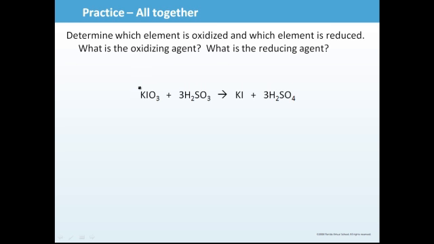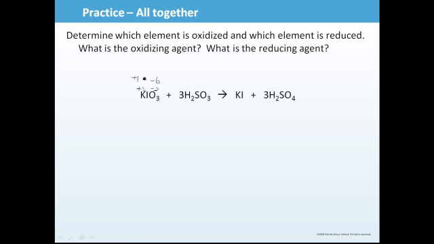Again, potassium we know is in group 1, so that's going to be a positive 1. Oxygen is minus 2. There are 3 of them, so it's going to be minus 6 total. There's only 1 potassium, so that's positive 1.